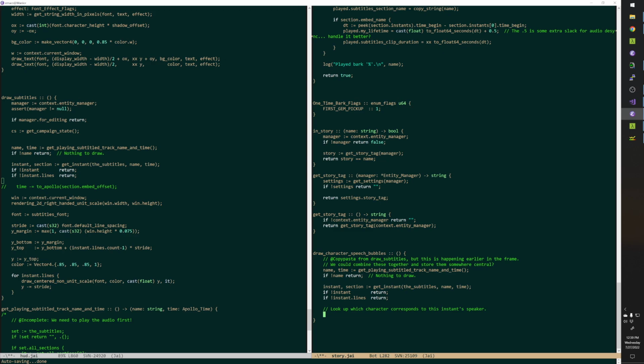You know, we'll hard code that for now. Because we're going to change it all around later. So we get the instance and the section.